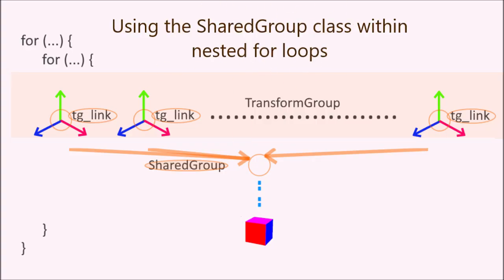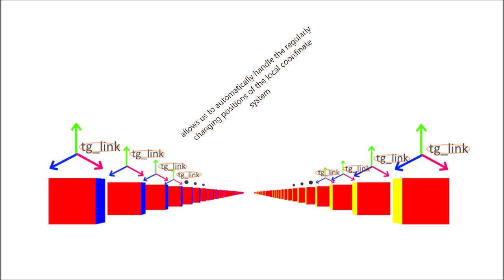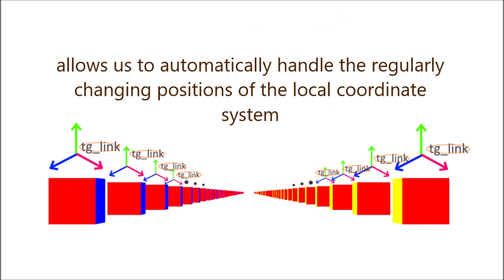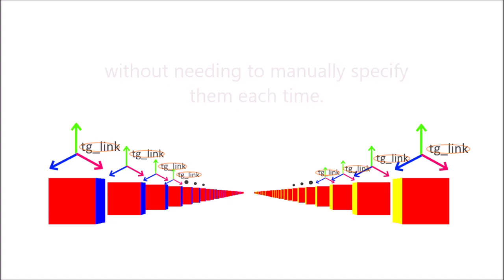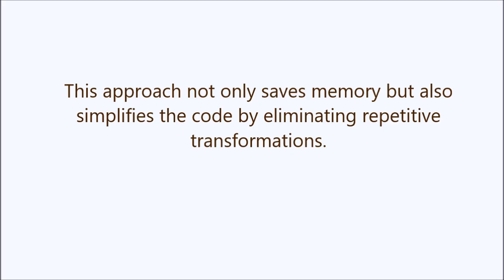Using the SharedGroup class within nested for loops allows us to automatically handle the regularly changing positions of the local coordinate system, without needing to manually specify them each time. This approach not only saves memory but also simplifies the code by eliminating repetitive transformations.